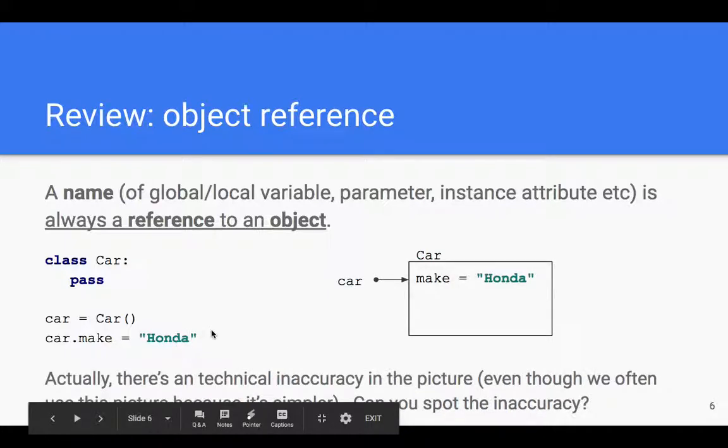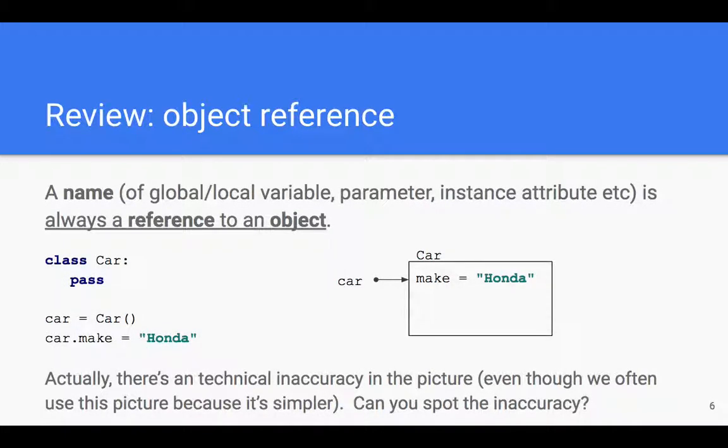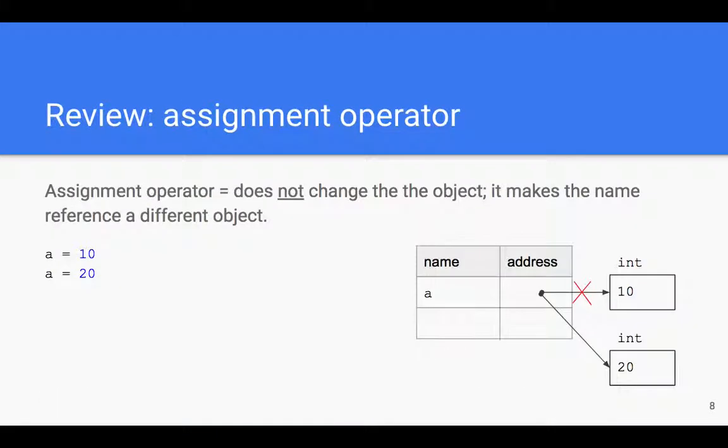Although we will still sometimes use the simpler one, because it does most of the time get the point across. We also talk about how the assignment operator really works. The assignment operator does not change the object itself. When A is initially set to 10, A points to 10.